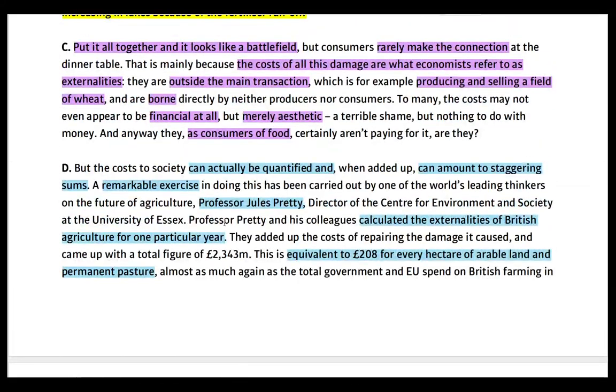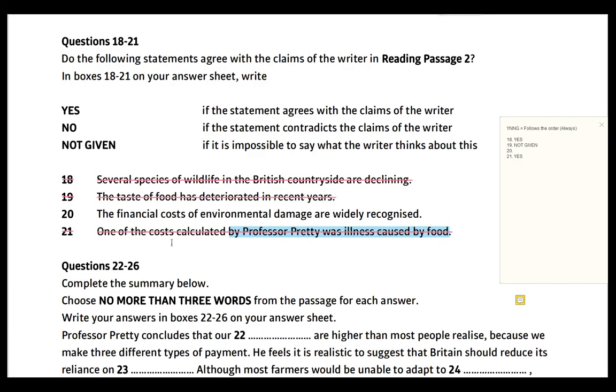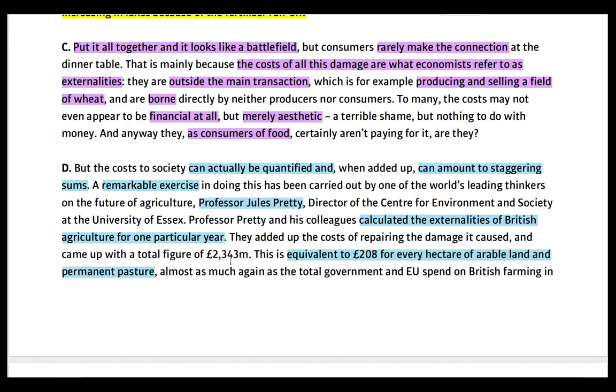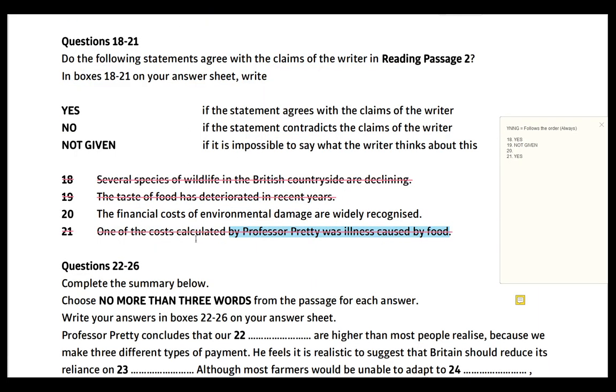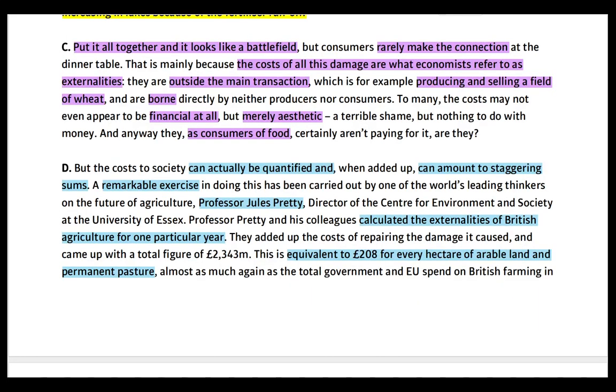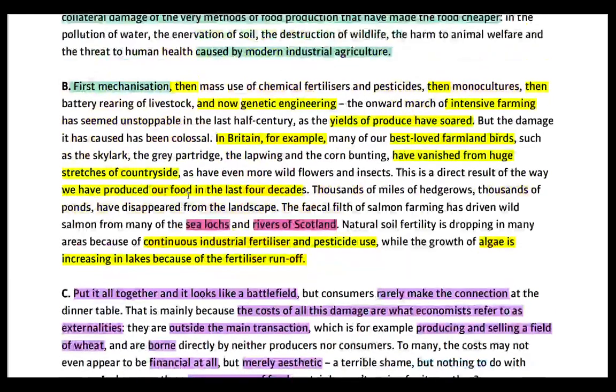Let's just go through. I think the financial cost of environmental damage. We read about environmental damage somewhere in paragraph B, I guess, right? But I'm not sure if it was written in paragraph B. Let's just read that. Thousands of miles of hedgerow plants will disappear from the landscape.